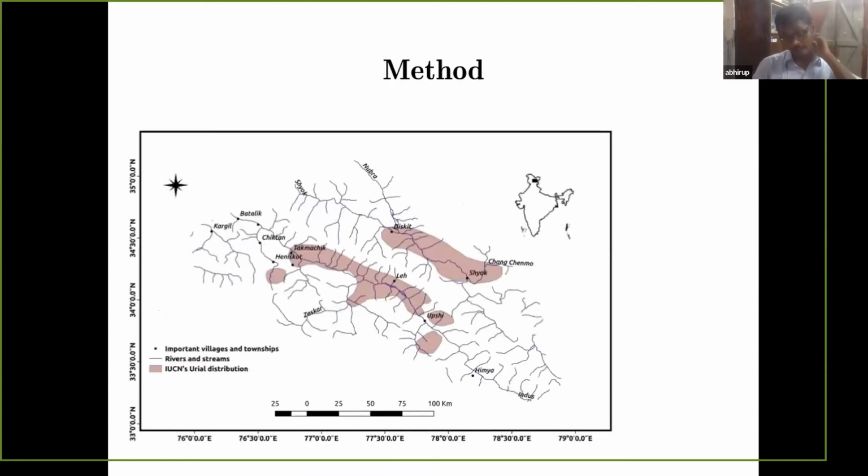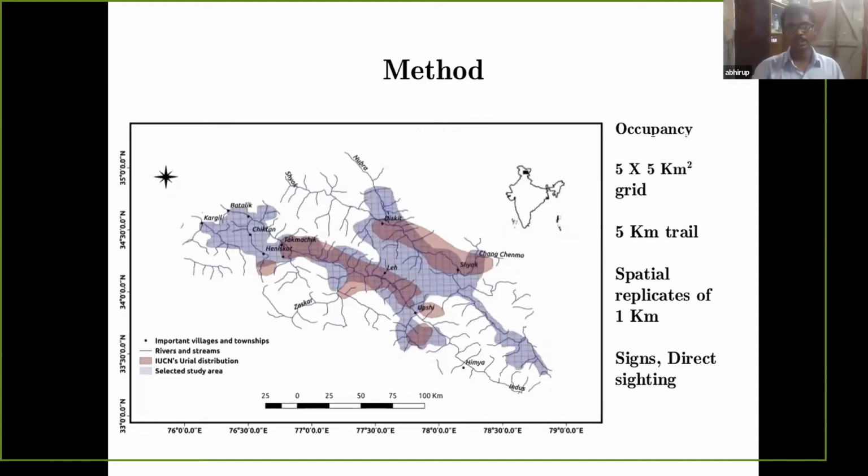Here we have the existing IUCN map for Urial distribution in Ladakh. Now we used a local knowledge survey based approach, and also previous records and anecdotes, and we used our own ecological understanding of the species to delineate an area where Urials can possibly be found.